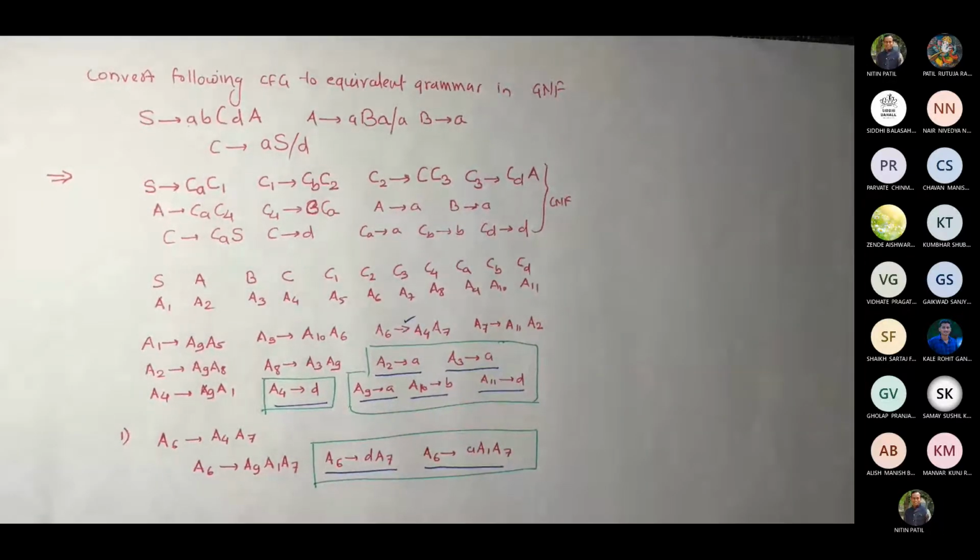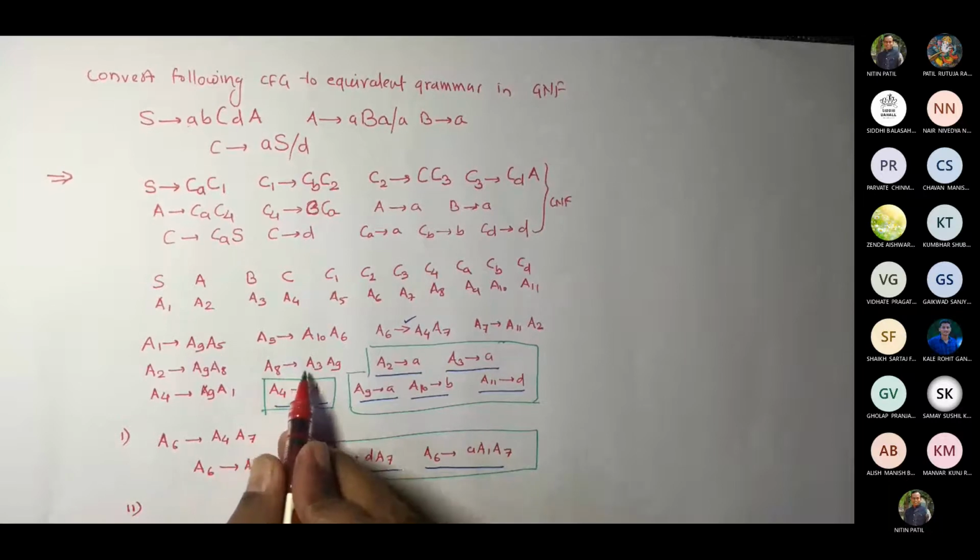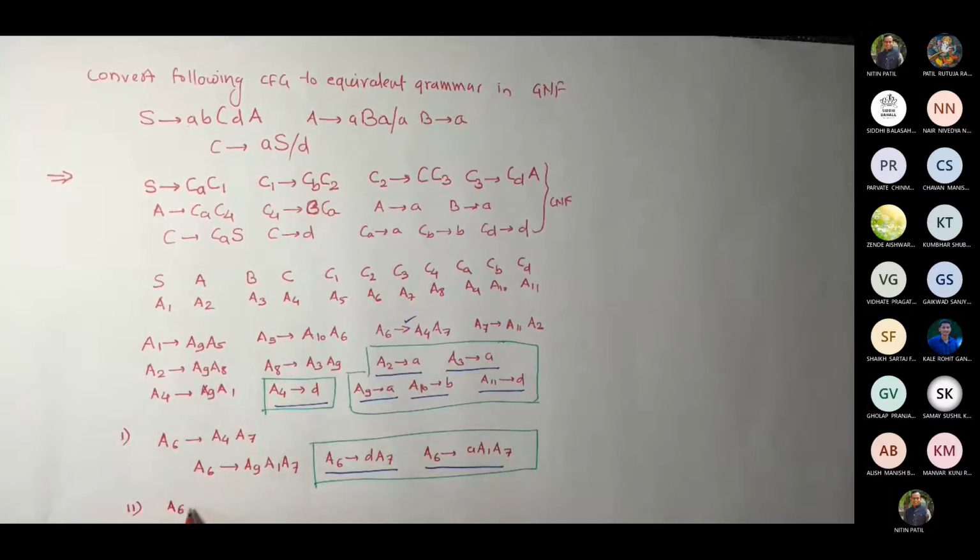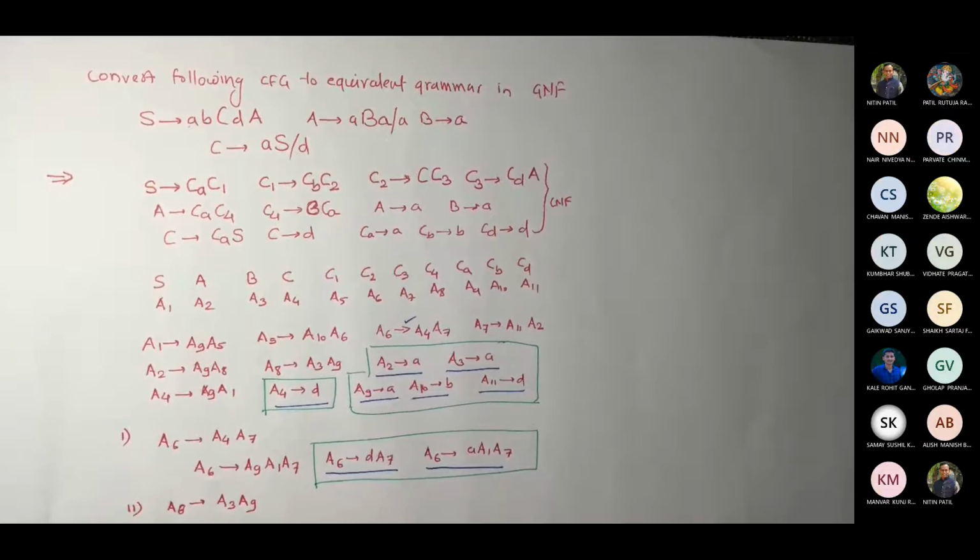So let us pick the next one. As Rutuja suggested, let us pick A8. A8 gives A3, A9. Correct? So what is A3?